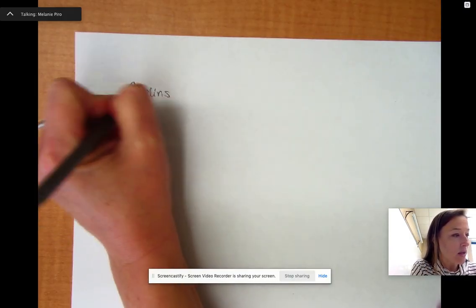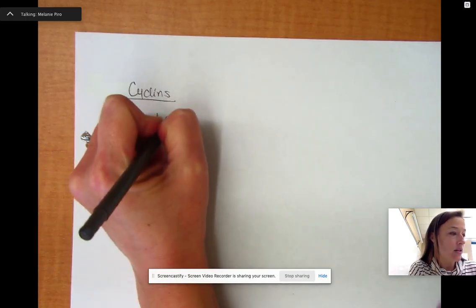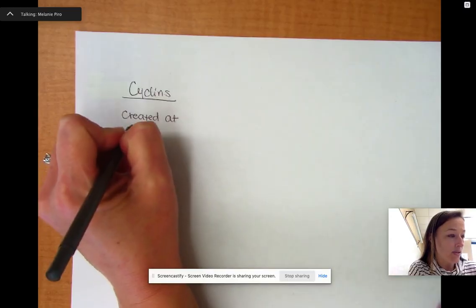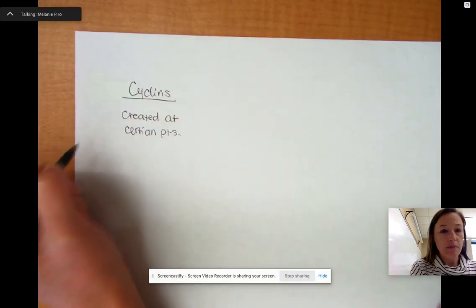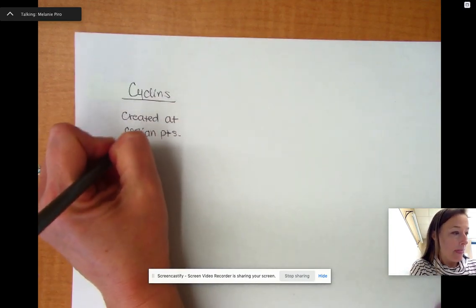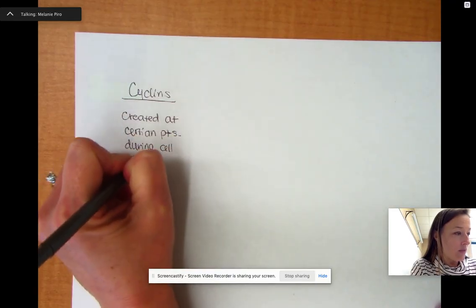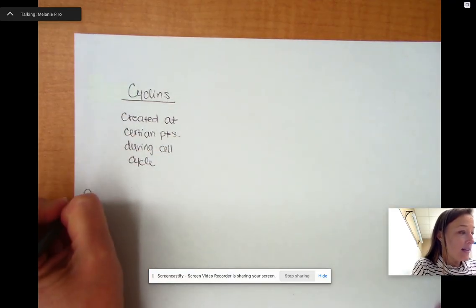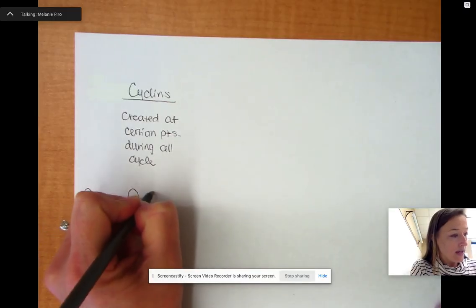So cyclins are molecules that are created at certain points in the cell cycle. So if I need cyclin B during metaphase, then I only produce cyclin B during metaphase. Okay, so their presence during the cell cycle is going to cycle, right?